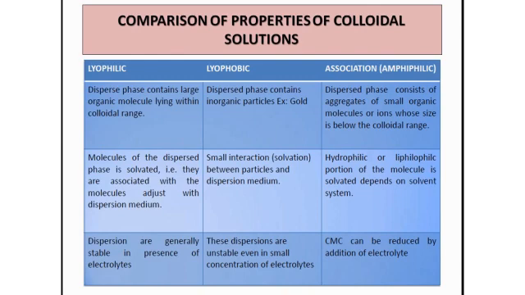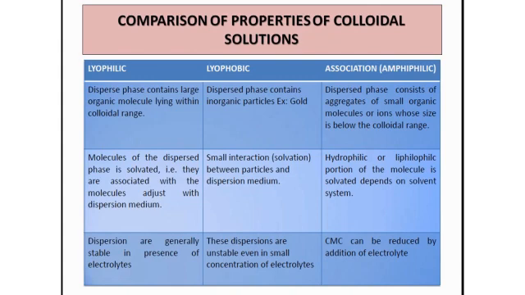The next difference is that the dispersions are generally stable in the presence of electrolytes. So lyophilic dispersions are generally stable when electrolytes are present. In the case of lyophobic, these dispersions are unstable even in small concentrations of electrolytes.